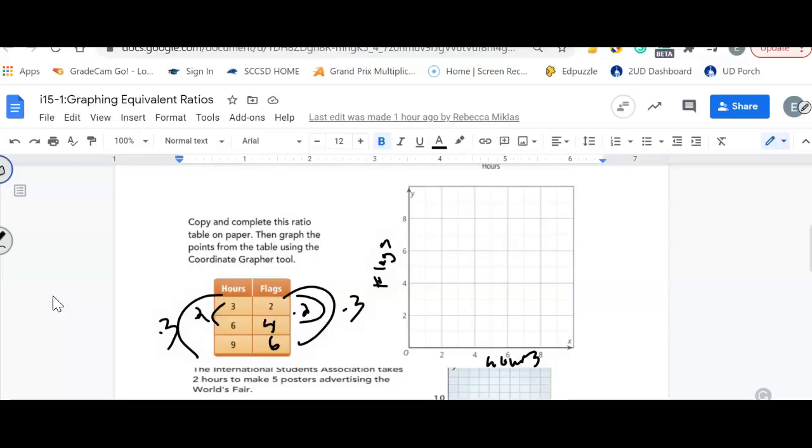All right. 3 to 2. 3 over, 2 up. 6 over, 4 up. 9 over, 6 up. Notice it is a straight line. All right, check your neighbor's last one. Make sure you agree with each other. And we'll move on.